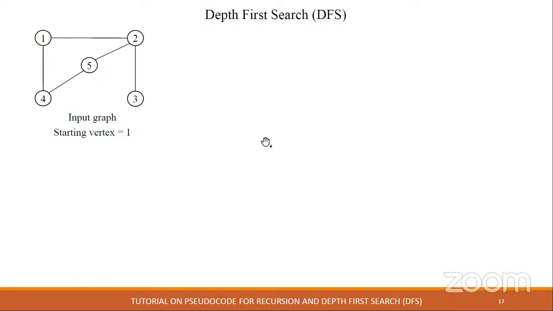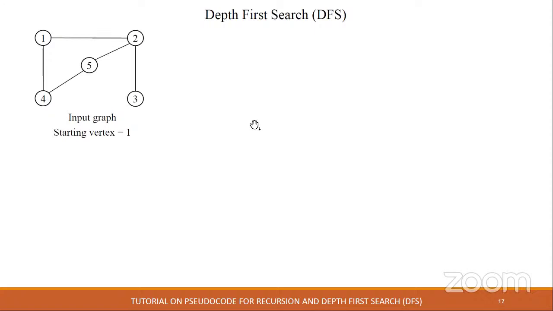I will be talking about DFS at a very abstract level. It was conducted this week's Monday, just a few days back. So please refer to that session for the actual pseudocode.